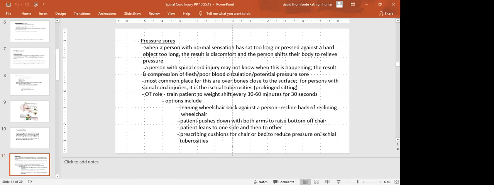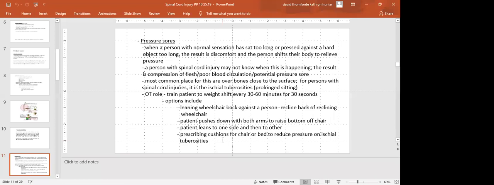But the person with spinal cord injury doesn't know that there's a cutoff of the blood flow. So the result could be a pressure sore, whereby the skin, the flesh between the ischial tuberosity and the cushion could die and cause a pressure sore. I mentioned ischial tuberosities because that's the most common place that OTs would encounter it.